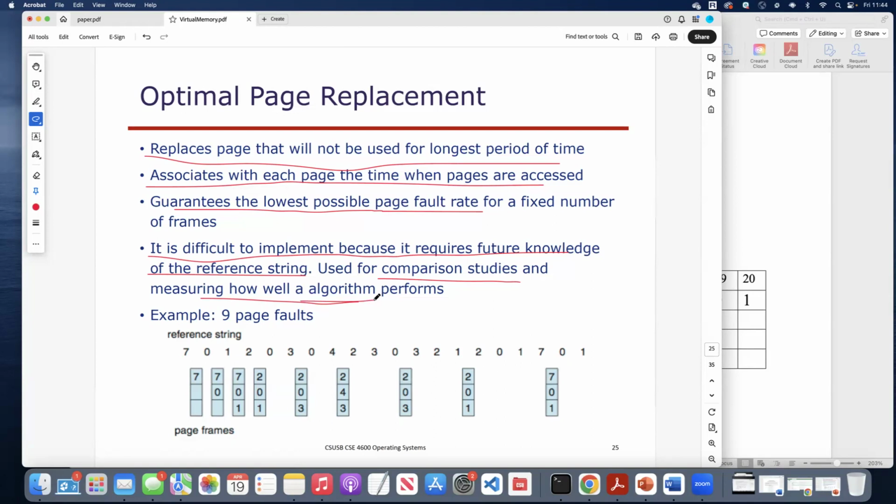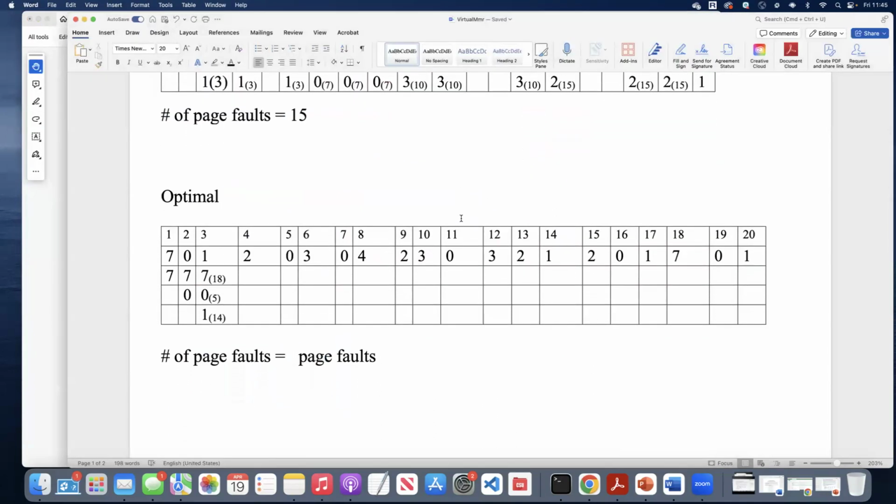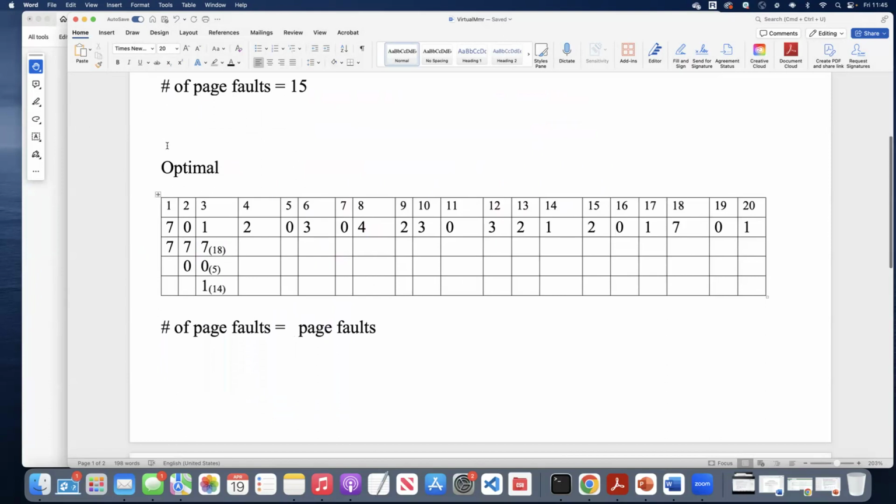Now let's take a look at an example of optimal page replacement algorithm. So we use the same reference string. This is 70120. So the process accesses page 7 first and then 0 and 1.